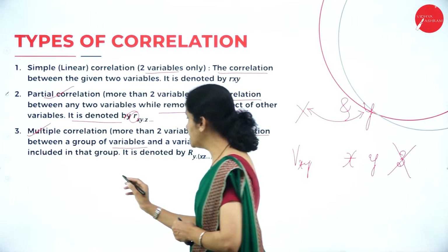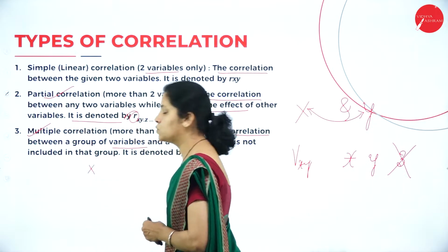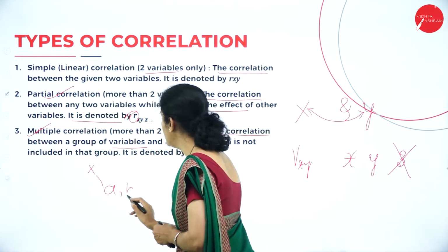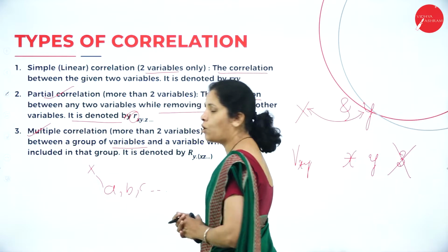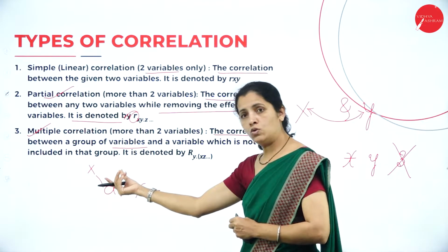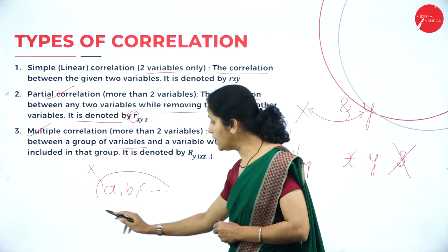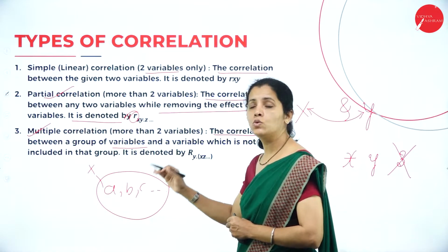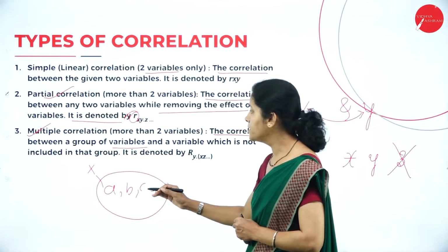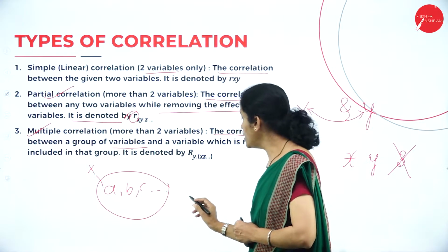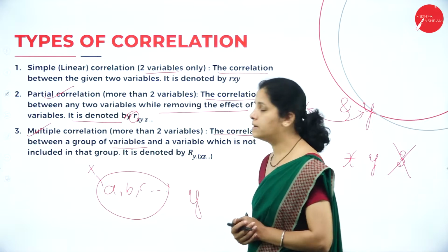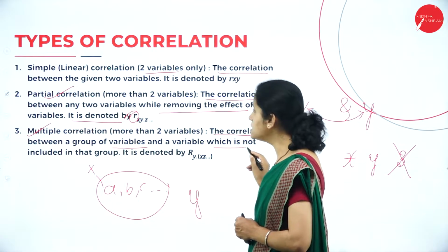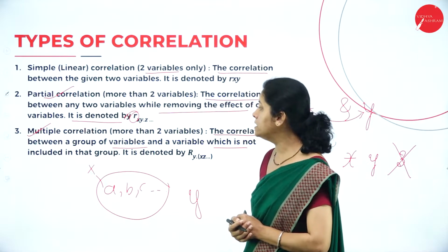So dear students, think that I have an X group. In this X group, I have A, B, C and so on. So under the X group, I'm going to have a collection of variables, or a group of variables. And I'm going to have another variable, that is Y, which is not included in the group.